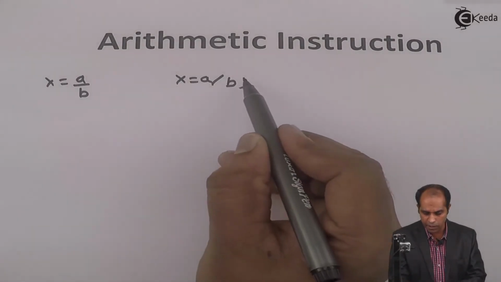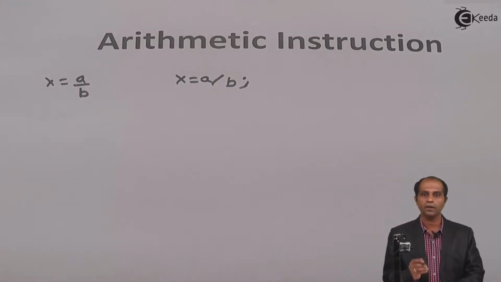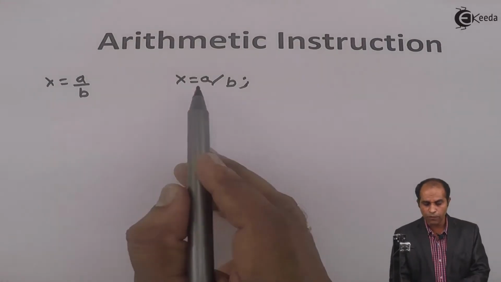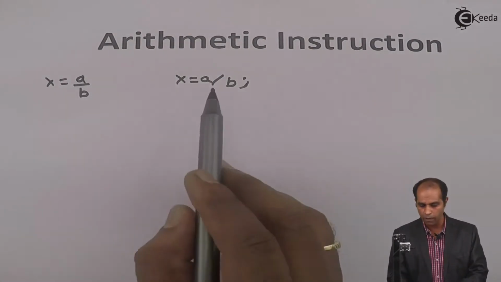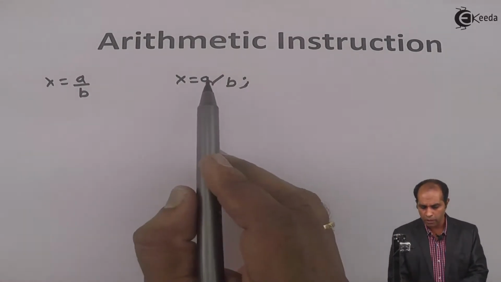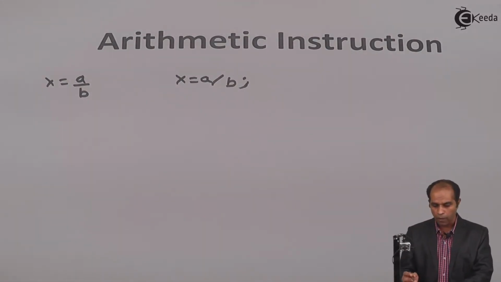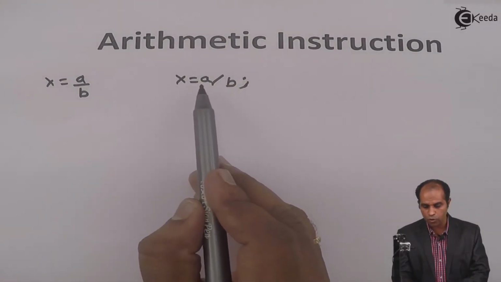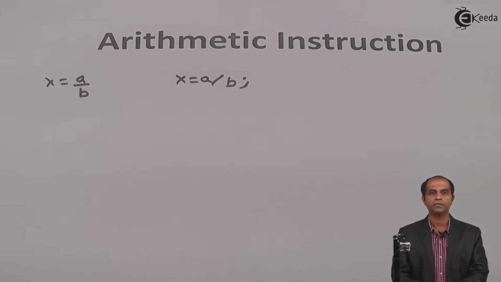Now a C language instruction will always end with a semicolon, hence I'll place a semicolon at the end of this. If you notice, I have a variable on the left hand side, and variables named a and b on the right hand side, assuming that a, b and x have been declared of some type. In this, x will store the result produced by a slash b.